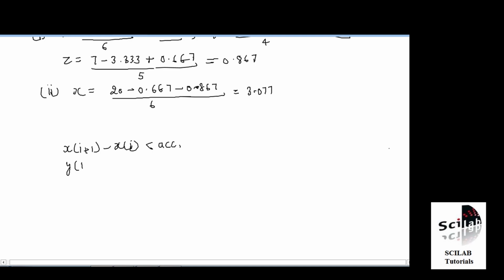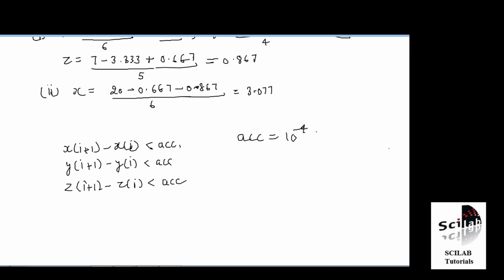Now similarly for y, |y(i+1) - y(i)| less than accuracy, and similarly for z, the condition is |z(i+1) - z(i)| less than accuracy, and we can set accuracy to any value. So I am setting 10 to the power minus 4, and when these three conditions are true at the same time, we can say that the result is converging and this is the desired solution.